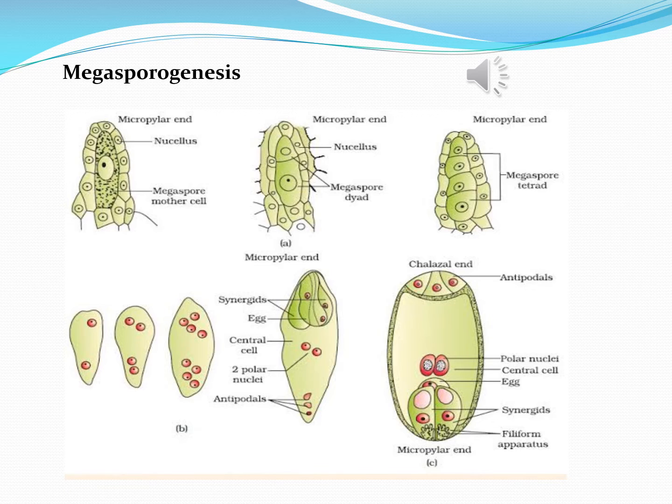Like this the embryo sac is formed, and this whole process we call megasporogenesis.